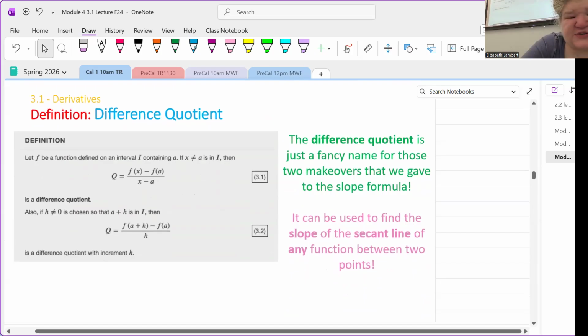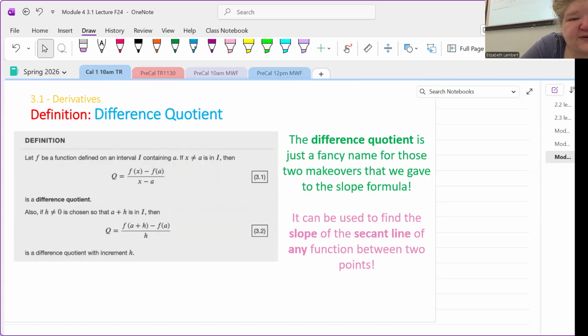So this is the book's fancy definition for the difference quotient. But the difference quotient is just the very foo-foo name for those 2 equations that we just produced ourselves. And those equations came from the slope. So these are just really tedious ways of saying, hey, look, I found the slope.